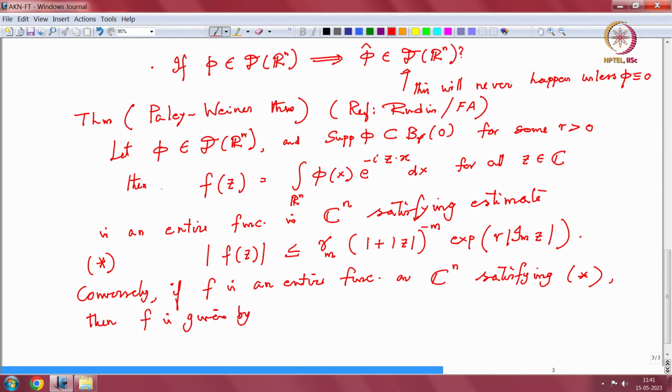Let me call this star, and this double star. Then f is given by star for some phi, there exists a phi in D of R.